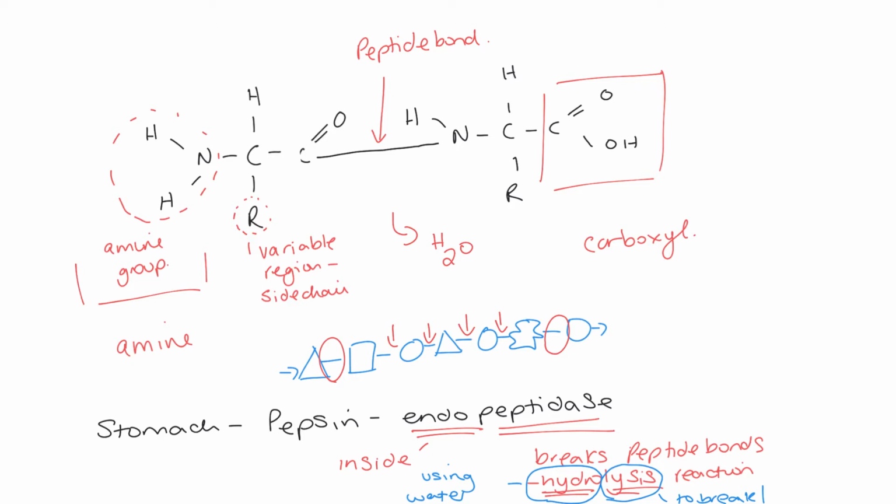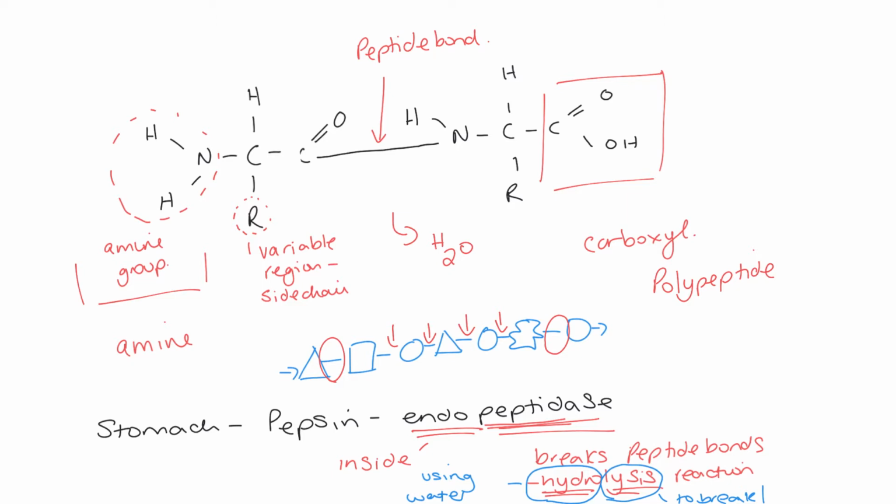But endopeptidases break bonds in the middle, so we're talking about these ones here in the middle to create shorter peptide chains. So there's loads and loads of new language that we're going to be introducing here, and all of them sound quite similar. Basically, we're going to be using this term peptide a lot. So if we think of any chain of amino acids, we call that a polypeptide, and these are broken down by endopeptidases into shorter peptide chains.